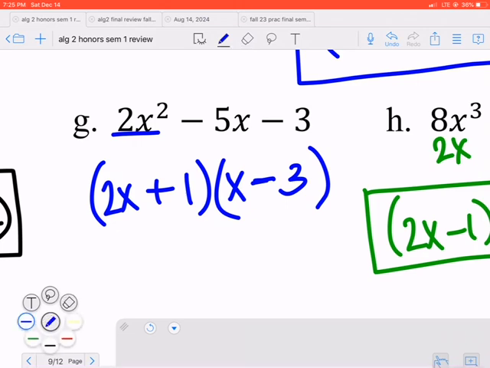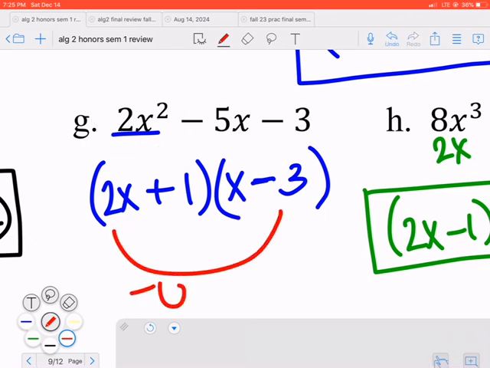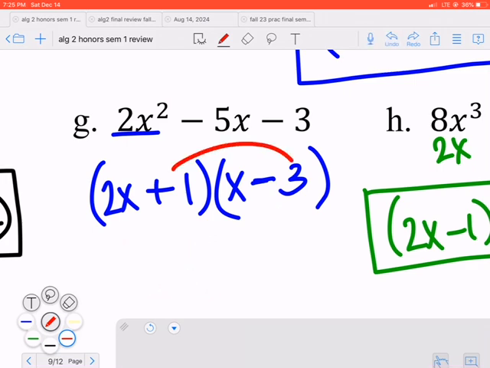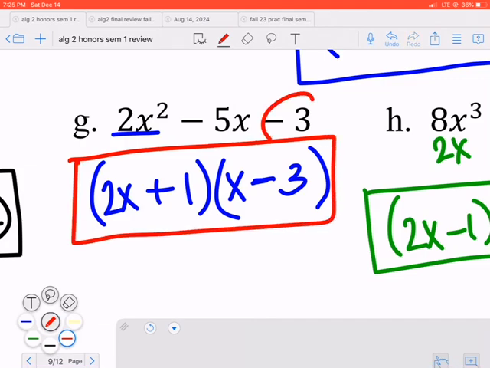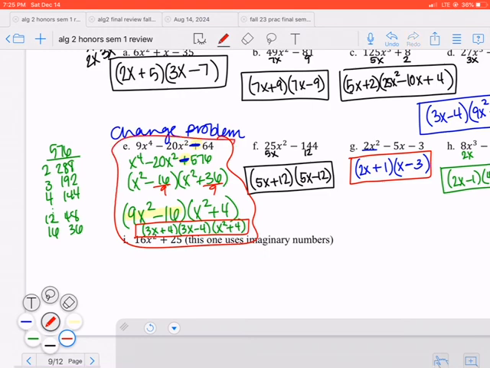And that was foiling to check it because we unfoiled. 2x times x is 2x squared. Outside is minus 6x. Inside is 1x, giving us the negative 5x. And 1 times negative 3 is negative 3. So that's why I like doing that when my numbers don't have a lot of choices. When you have a lot of choices like the one that I messed up, then, you know.